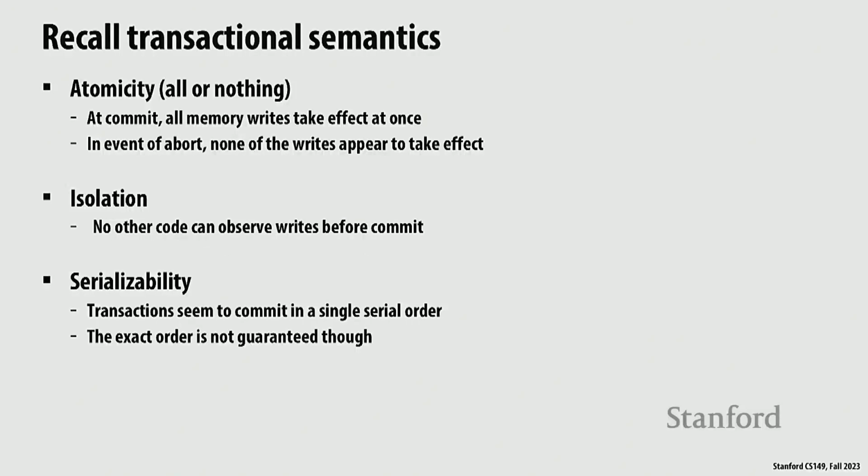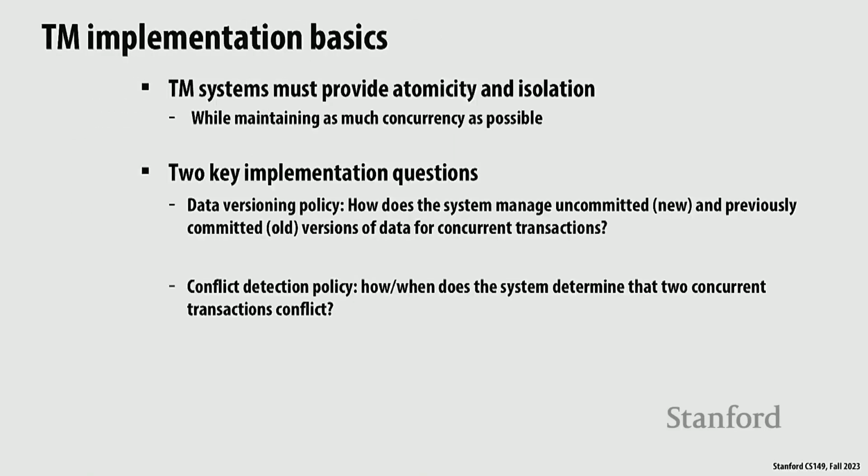So we have to talk about the three components of the abstraction: atomicity, all or nothing; isolation, which we just talked about; and serializability, right? These are the properties that an implementation of transactional memory has to provide, and it has to provide these things while giving you as much concurrency as possible, right? So that's the goal.